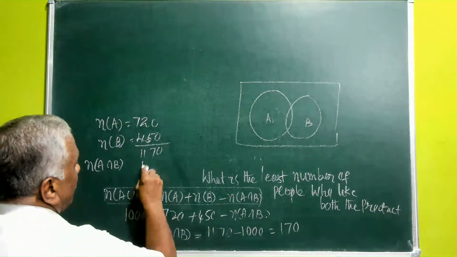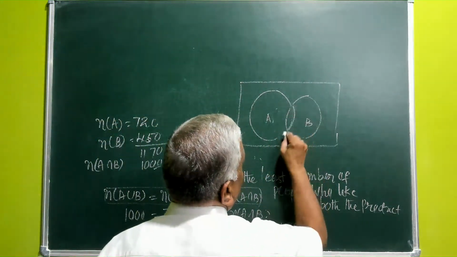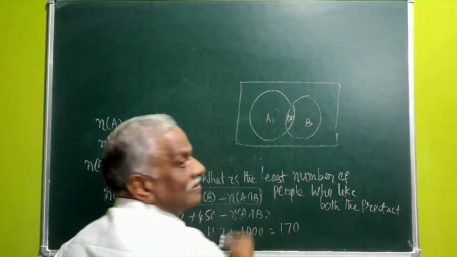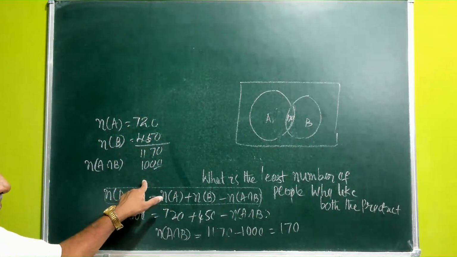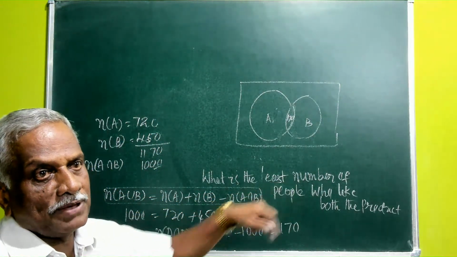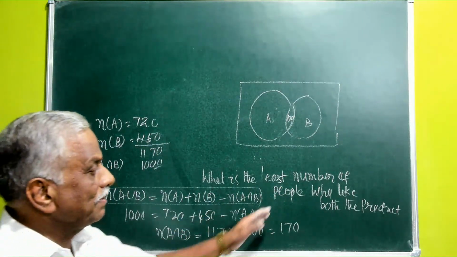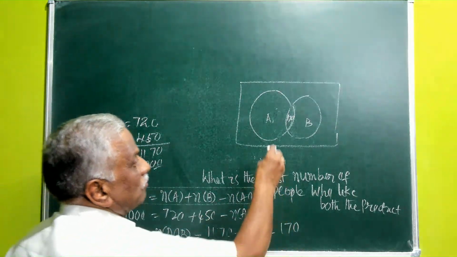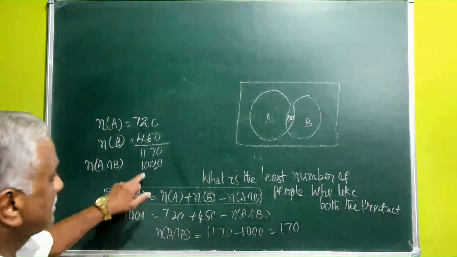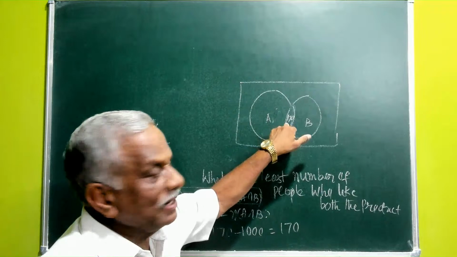But there are only 1000 people, so 170 should be here. Because there can be a question, how many people will like A only? Or how many people will like B only? So first you should add them and subtract 1000, you get 170. That is the people liking both A and B.